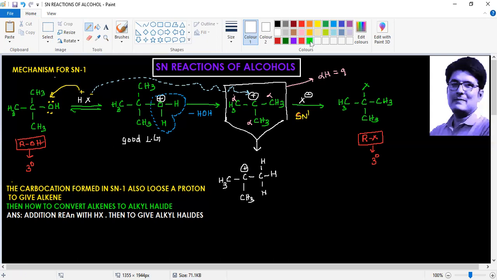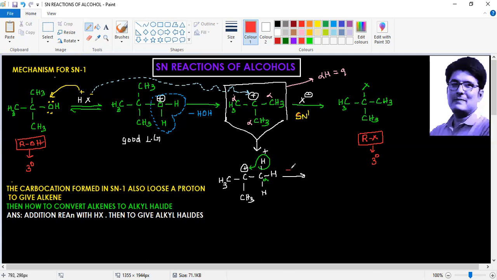This is the alpha carbon and this is the alpha hydrogen. Any one of these alpha hydrogens can move towards the carbocation, so the double bond is obtained here, with loss of this hydrogen as H plus, because it is an acidic hydrogen.